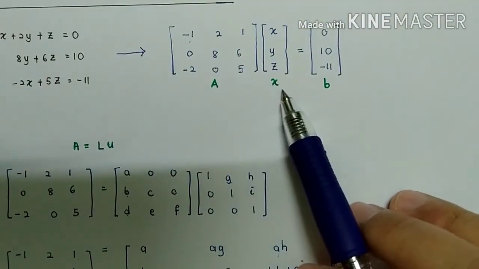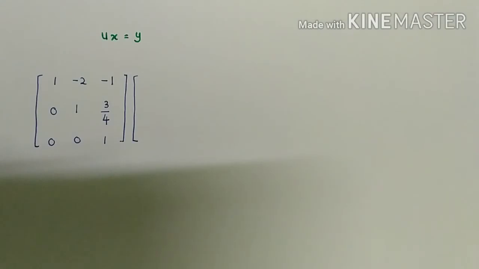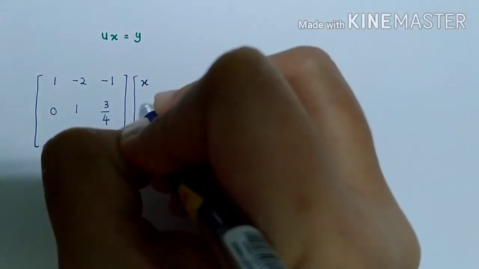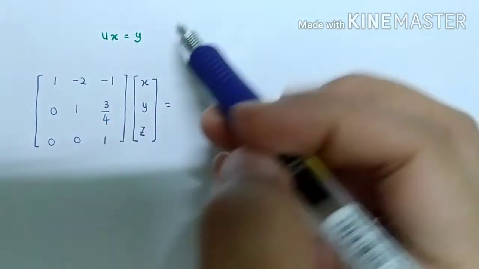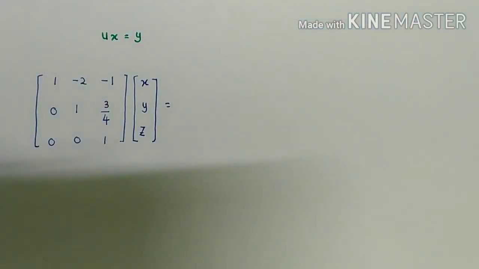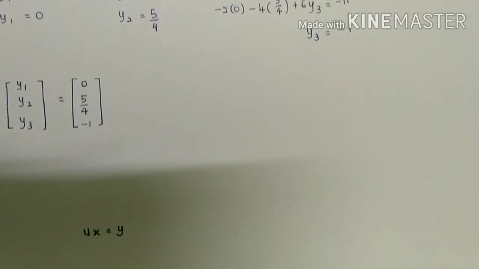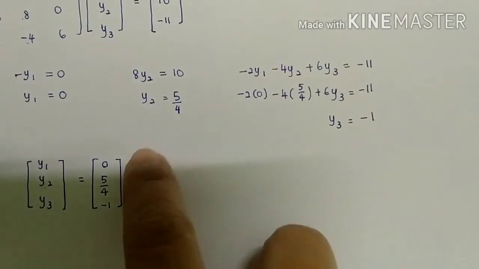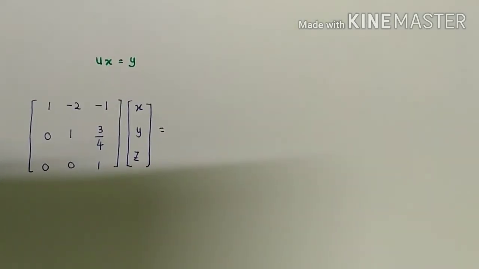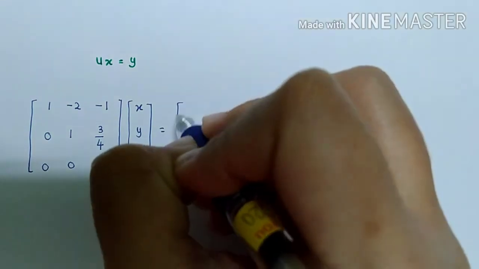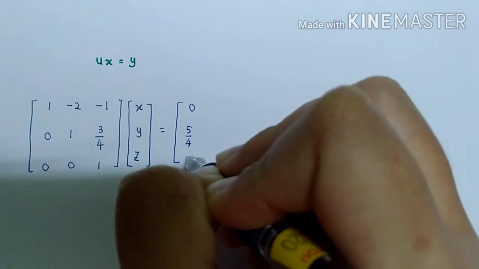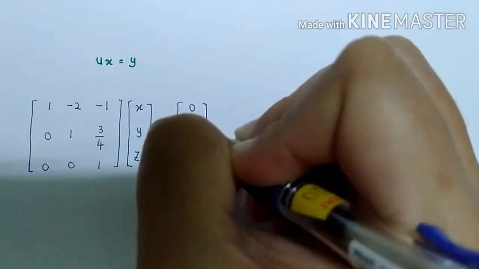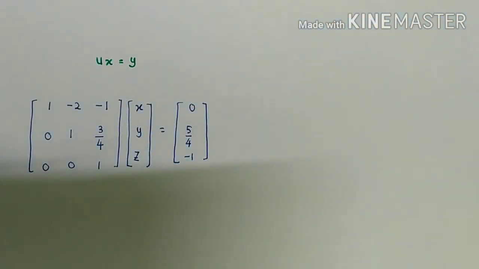Here matrix X is x, y, z. And then equals matrix Y. Matrix Y is here, so 0, 5 over 4, and negative 1.